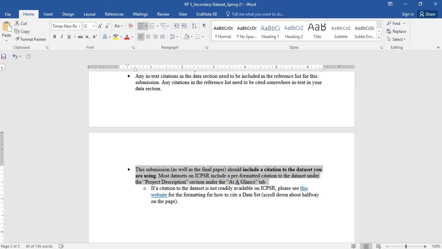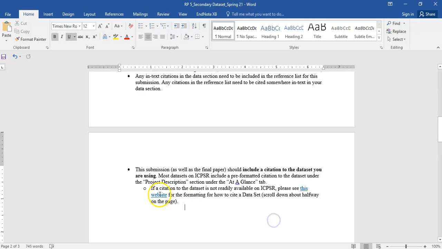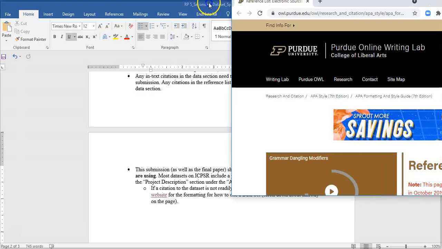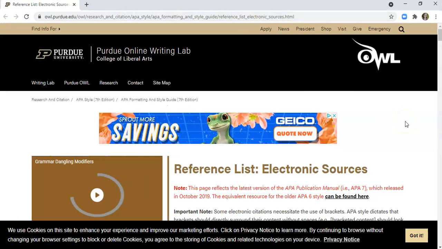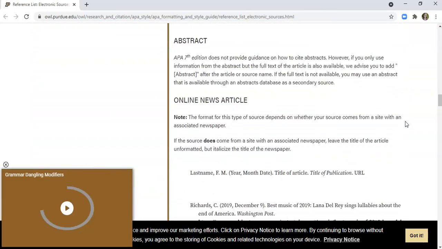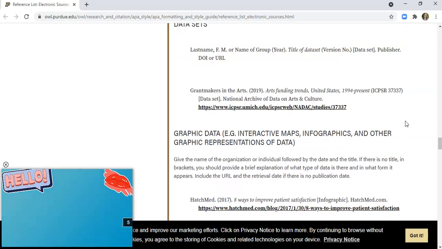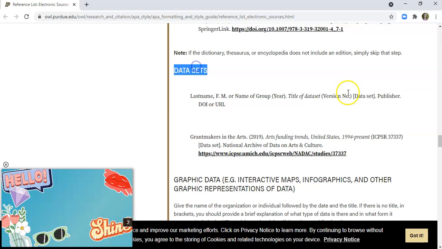If by chance there's not a pre-formatted citation on that website, you can always open up this document and there's a hyperlink here, which, let me pull this over here, brings you to this particular page. If I scroll about halfway down, there is a section here that shows the general formatting for APA for how to cite a data set.